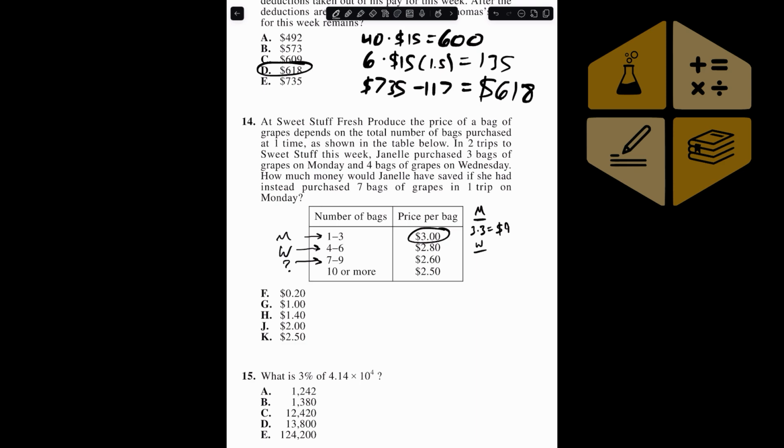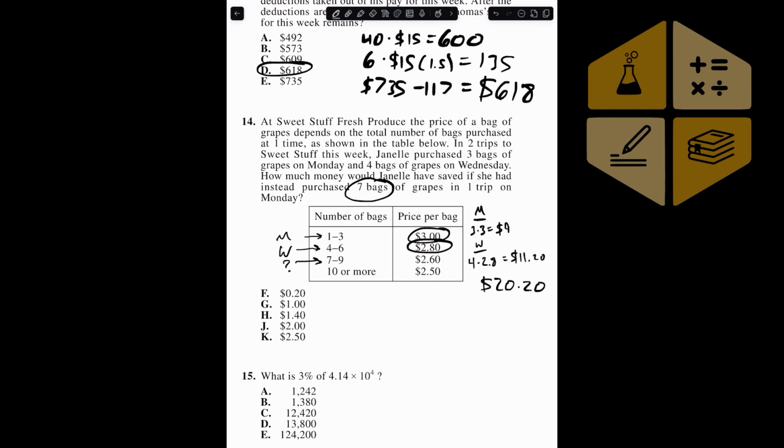On Wednesday, she buys 4 bags, and if you buy 4 bags, they're $2.80 a bag. So 4 times $2.80, put that in my calculator real quick, that equals $11.20. So $9 plus $11.20 means that in total she actually spent $20.20.